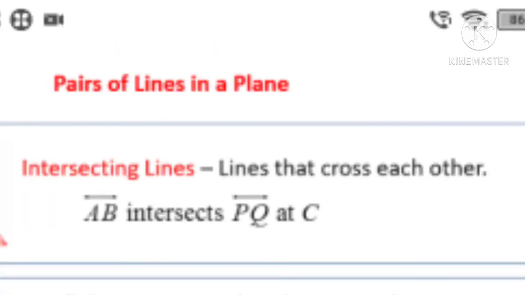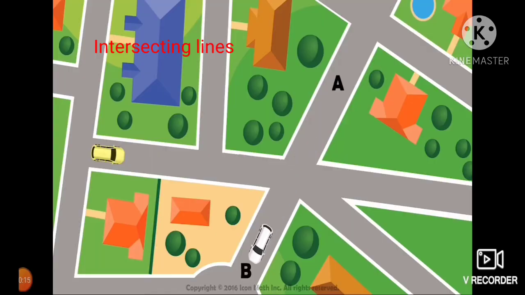Let's go with some lines. The first one is intersecting lines. What are intersecting lines? The lines that cross each other are called intersecting lines. Just see here. AB is one line and CD is another line.